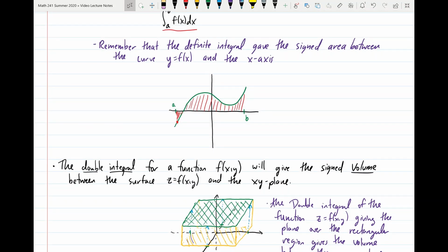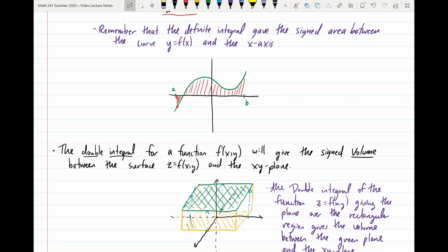So in that little diagram I have drawn below, I have the curve y equals f of x drawn into the plane, and then I have the endpoints of the closed interval a and b along the x-axis. And the definite integral is going to give us that area in red, where remember that this area over here that's underneath the x-axis will be negative, which is what I mean by signed area between the curve y equals f of x and the x-axis.